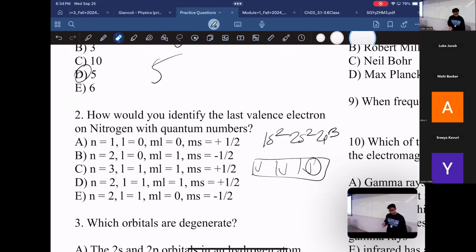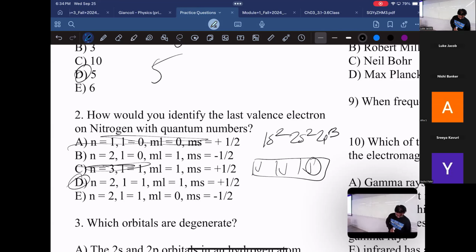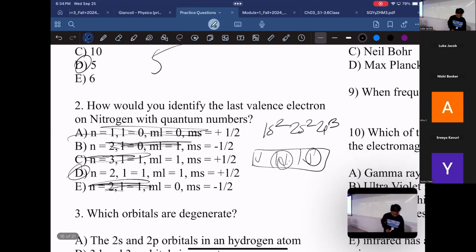I feel like writing the numbers out is probably the fastest way to do this one because all the numbers are kind of confusing to look at. But the answer is D because all these don't make sense. 3, that's not right. 1 is wrong. And then this one is S1, and then E is the middle one. So does everyone understand that? Awesome. Moving on.